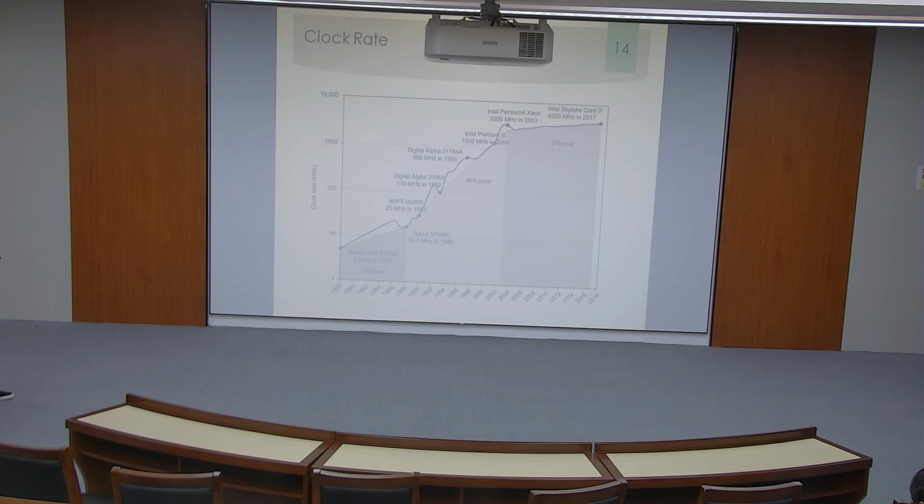Between 2003 and 2017, we had only 2% improvement per year. So there was a big improvement in the clock rate.